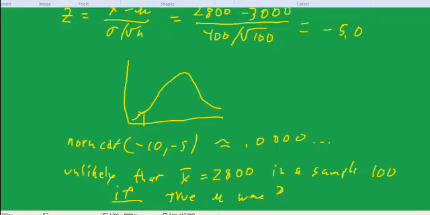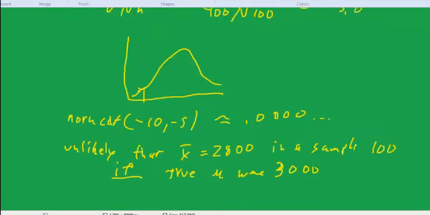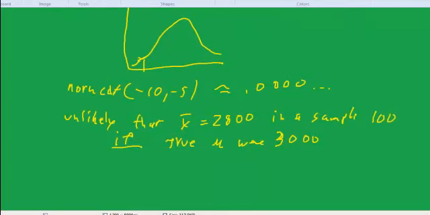It would be very hard to take a sample of 100 and get an x bar of 2800 if the true mean were 3000.